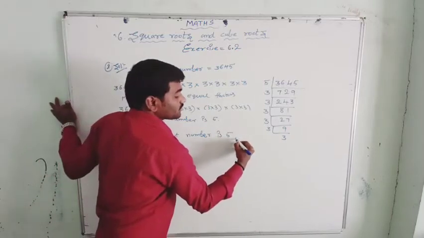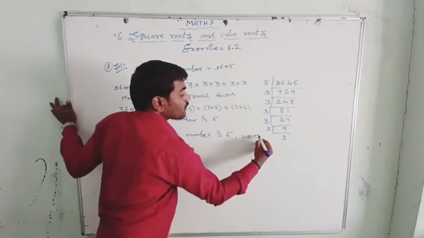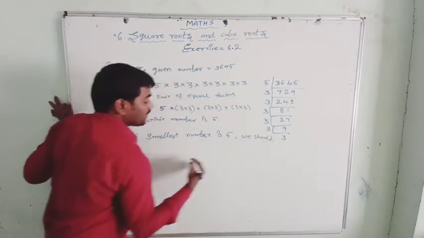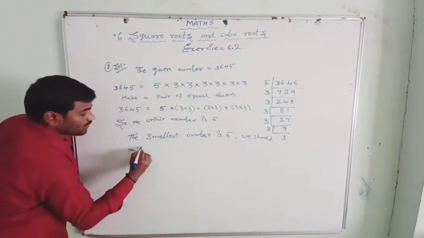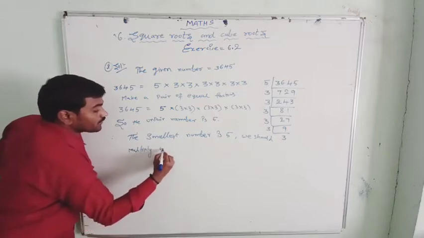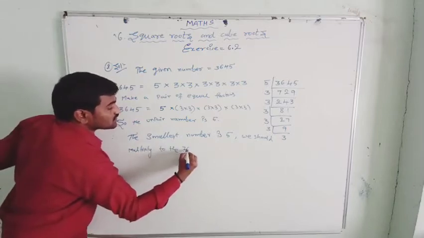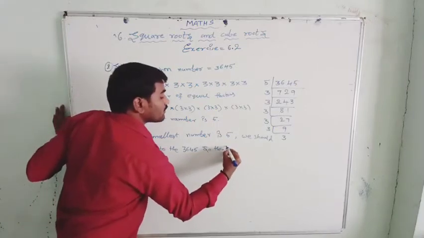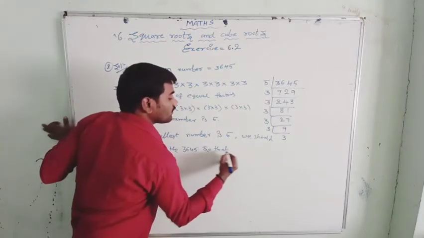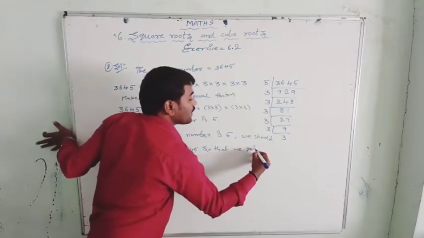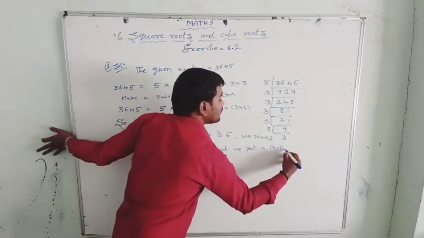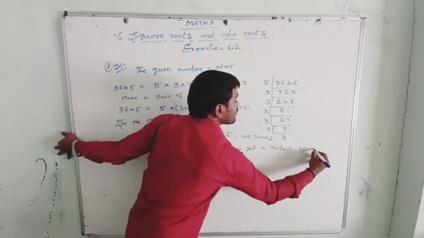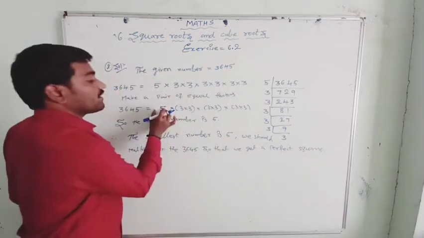We should multiply it to 3645 so that we get a perfect square. The unpaired number we have to multiply.